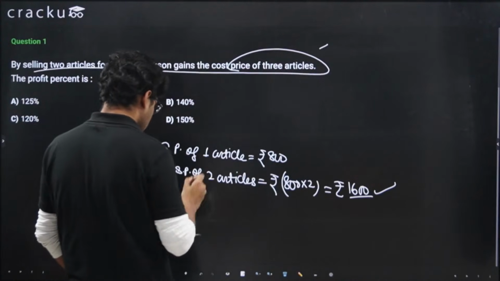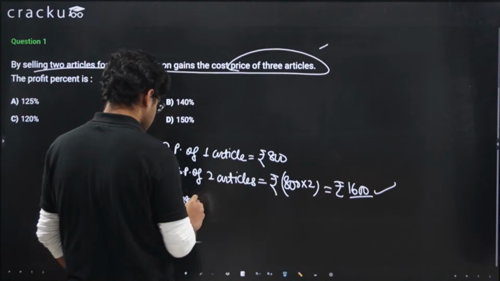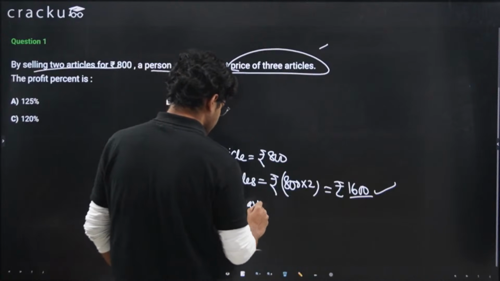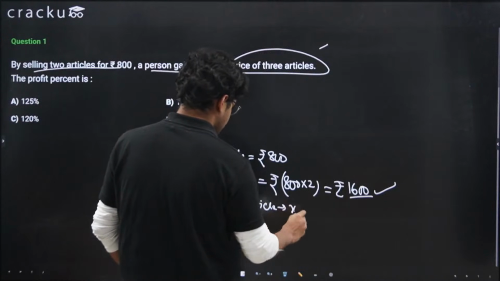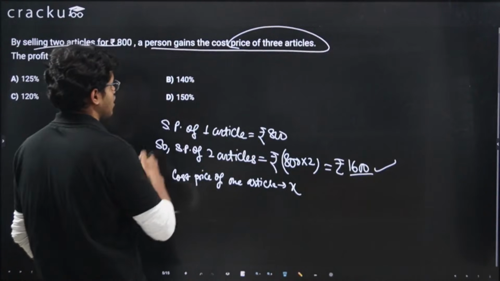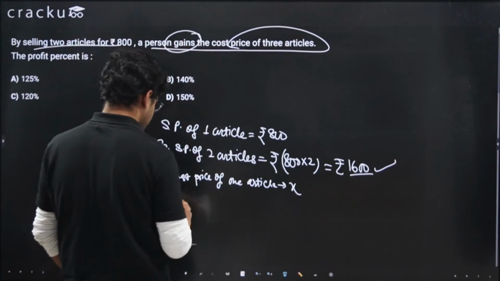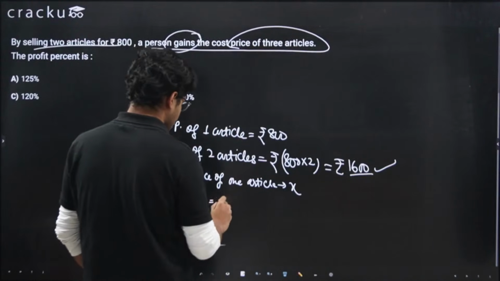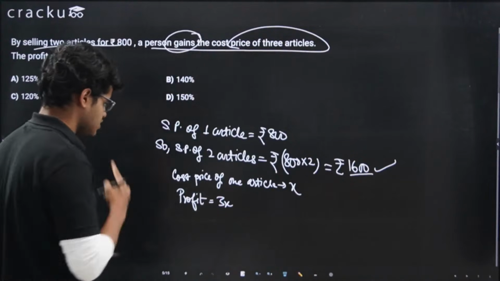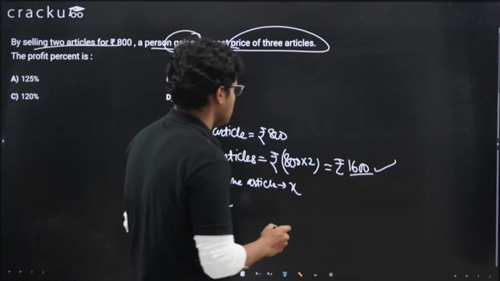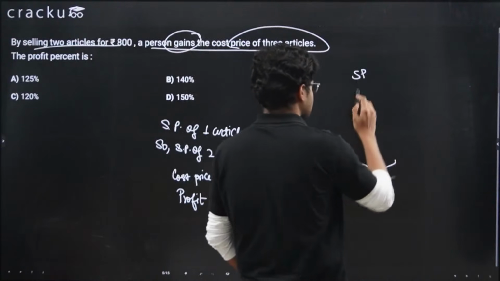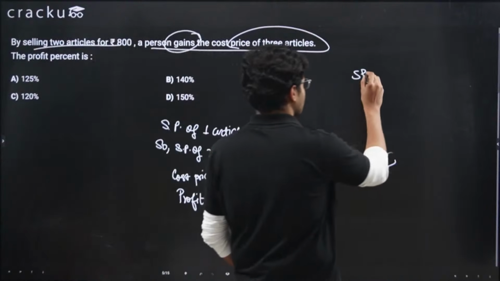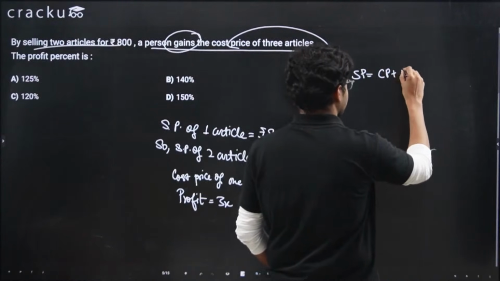Now a person is gaining the cost price of 3 articles, which means let's say the cost price of 1 article be X. So the profit he is making equals the cost price of 3 articles, which is 3x. I know that selling price equals cost price plus profit.